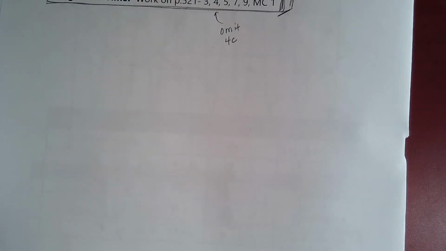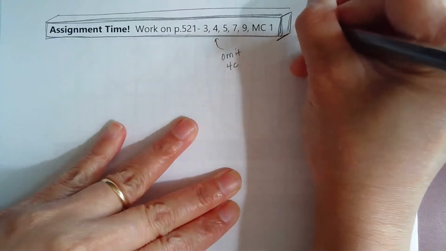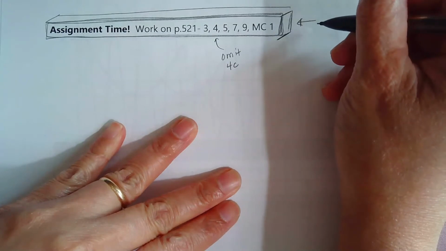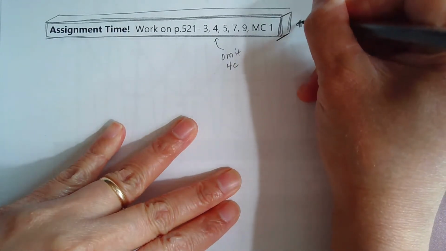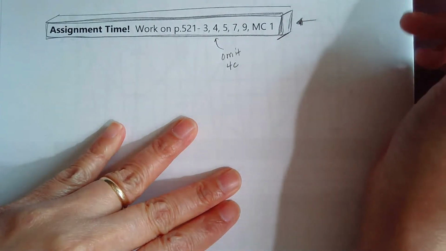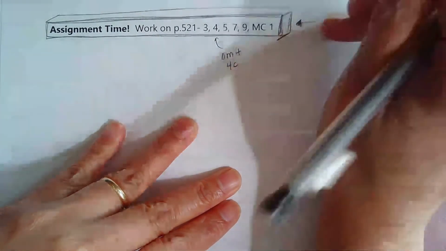Try some of these questions, and if you have any questions, just email me, and then I can go through some of these questions during our live stream. So any questions, send them to me through email, and then we'll go through them.